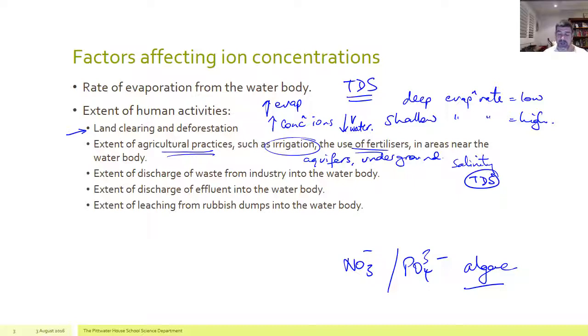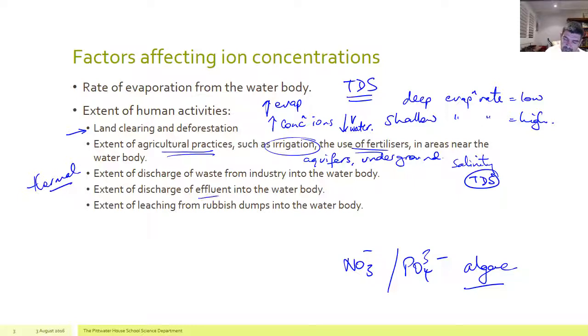The extent of discharge of waste from industry, so sometimes that can just be thermal pollution if hot water is being released into the waterway, but it can also be sometimes heavy metals, sometimes other water that's been used for cooling processes, that's been used for cleaning purposes, can have other types of minerals present in them as well.